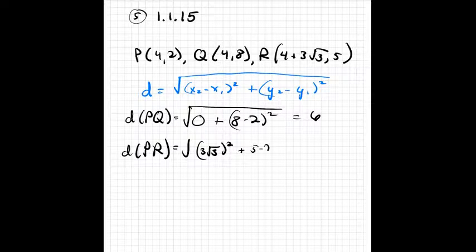The first one is going to be 27. No, 9 times 3. Yeah, 27, right? 27 plus 9 is 36. So then that one's going to be 6 as well.